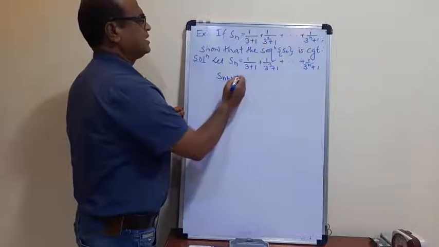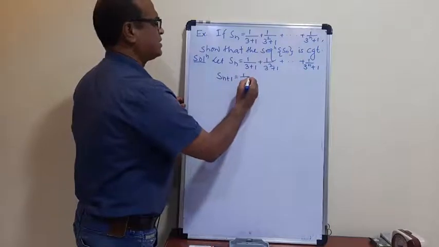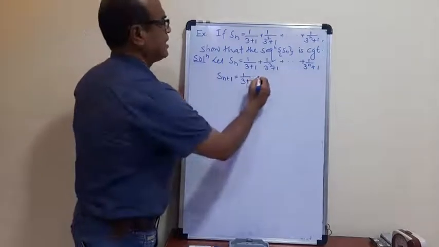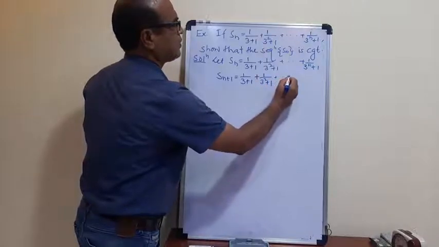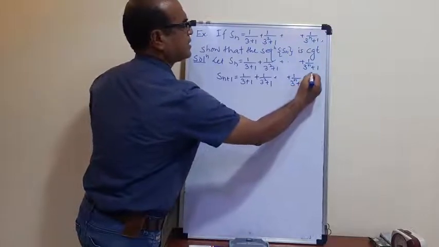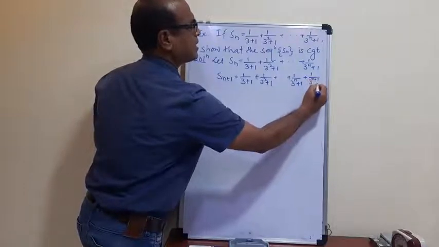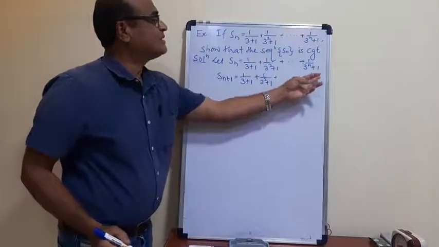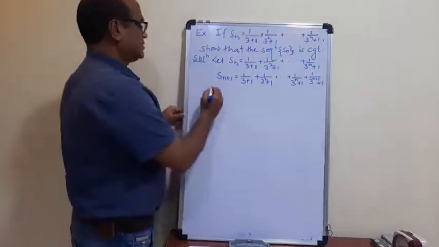Sn plus 1 is 1 upon 3 plus 1, plus 1 upon 3 square plus 1, and so on, 1 upon 3 raised to n plus 1, plus 1 upon 3 raised to n plus 1, plus 1. This is Sn plus 1, with one more addition term.